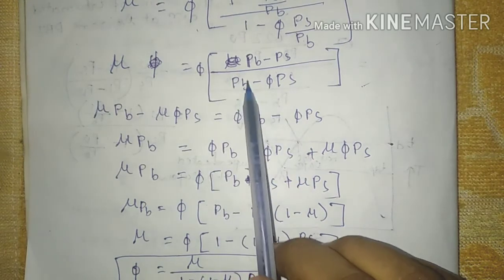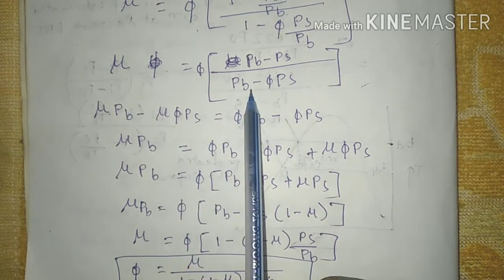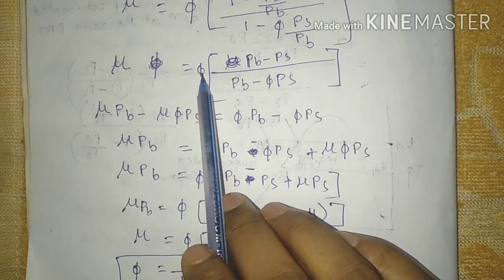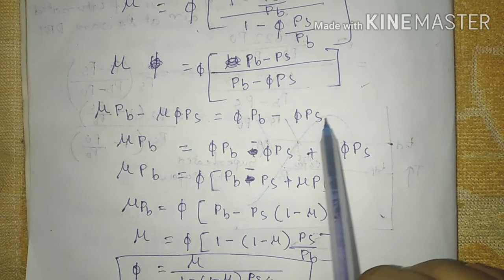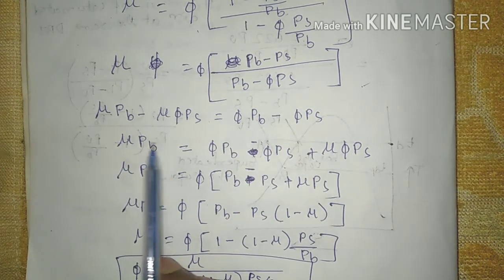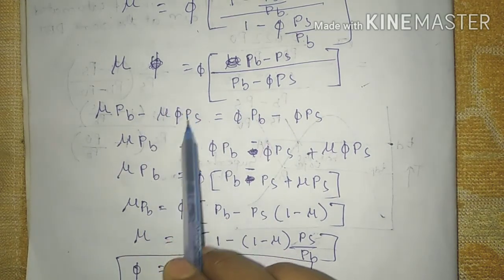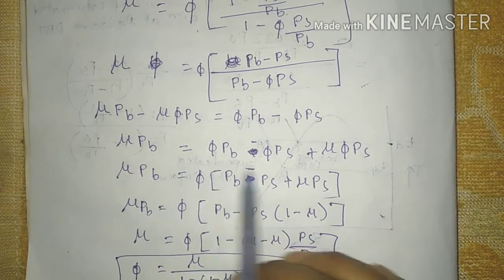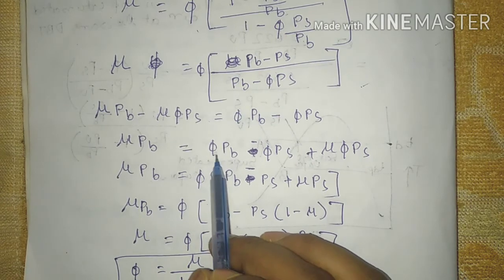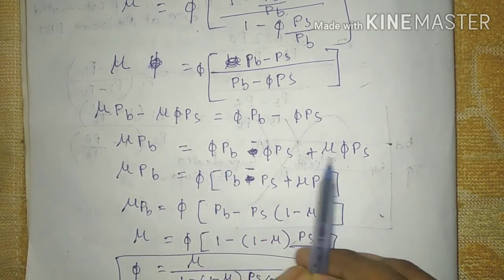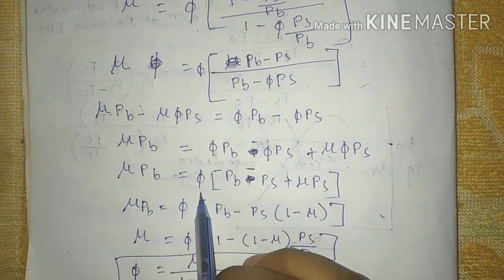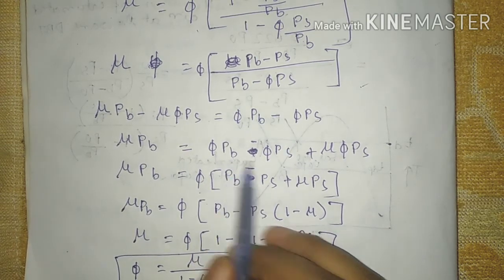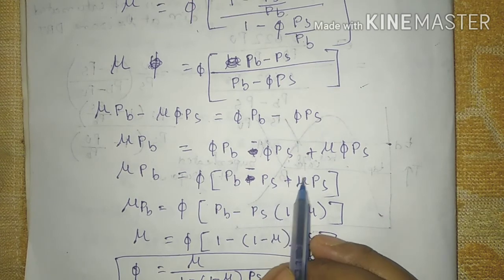Now if you multiply the mu term with that, it will be mu into pv minus mu into phi ps, and if phi is multiplied with that, that will be this one, right? Now mu into pv, equal to mu into phi into ps, that will be on this side, and the equation becomes this one. Now both these terms have phi present, so phi will be common out here, so mu into pv is equal to phi into pv minus ps in plus mu into ps.